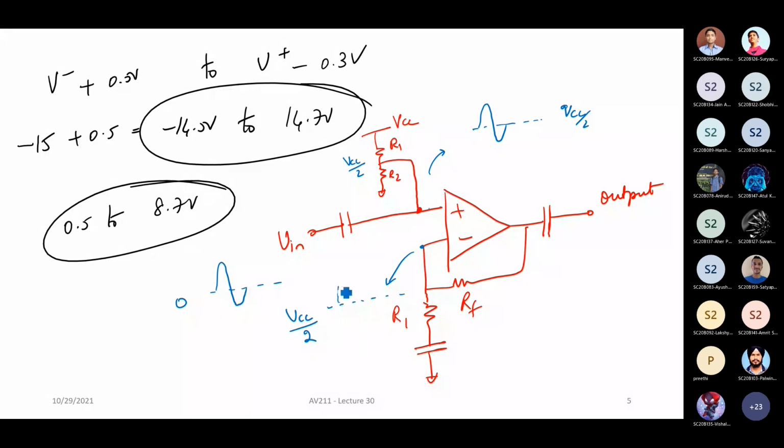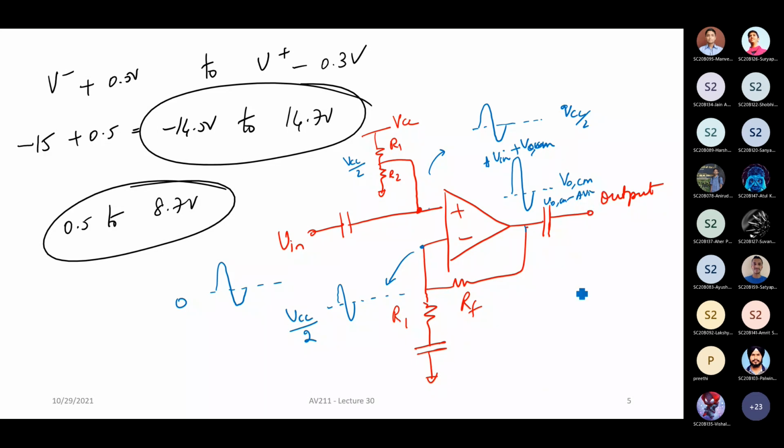And therefore, this also will be swinging. By virtue of the feedback action, it will have some output common mode, against which you'll have A times Vin. It will be VOCM plus A times Vin, and this will be VOCM minus A times Vin.